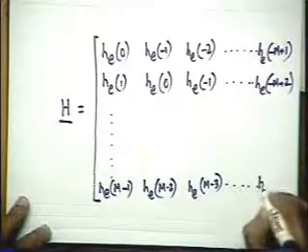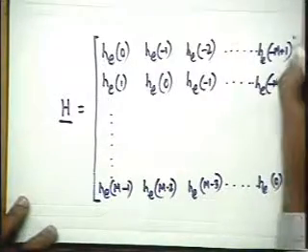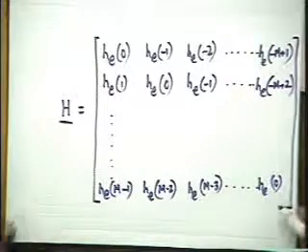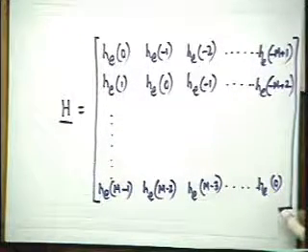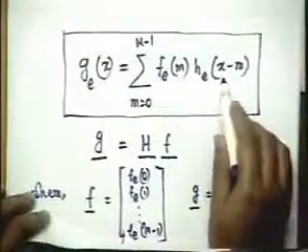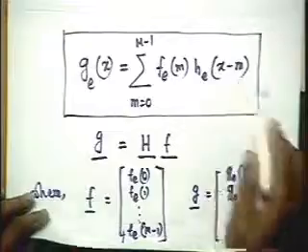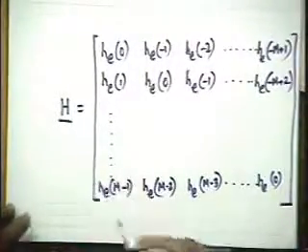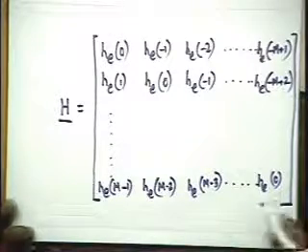HE0. HE0 is going to be the last element, not one. We are considering here x equal to capital M minus 1, so it is going to be HE0, because we are varying small m from 0 to capital M minus 1.